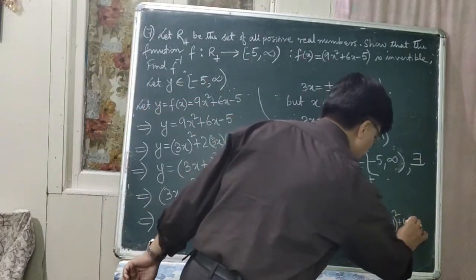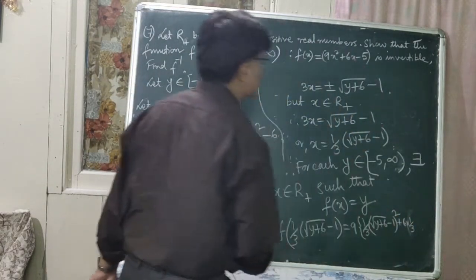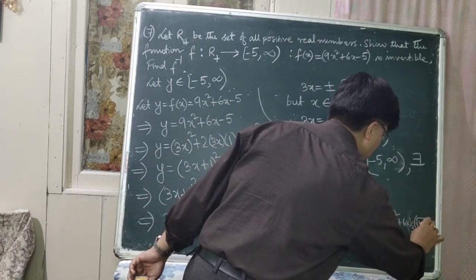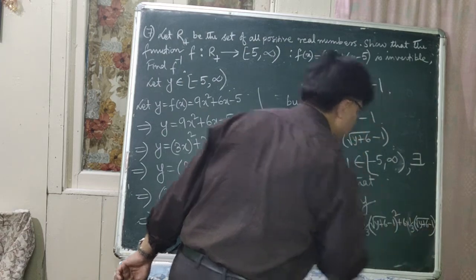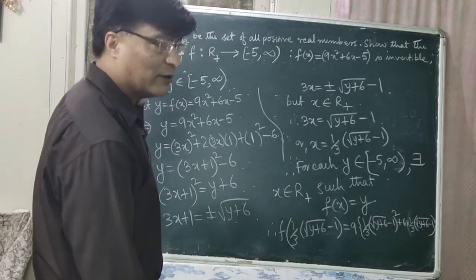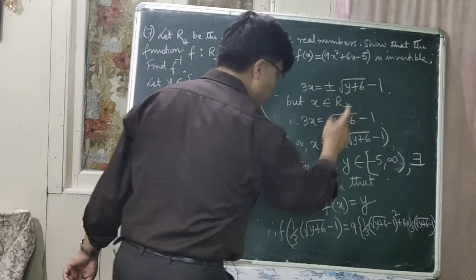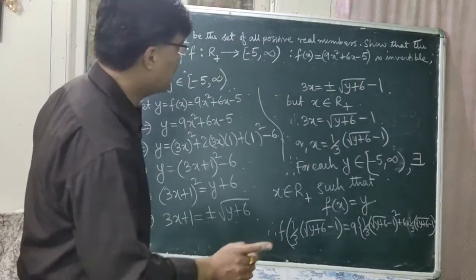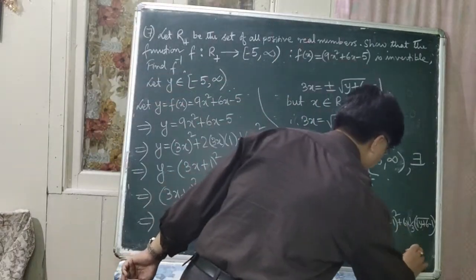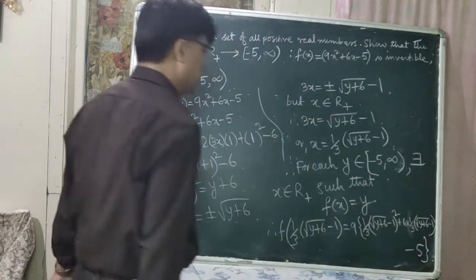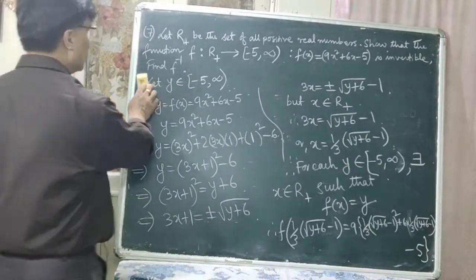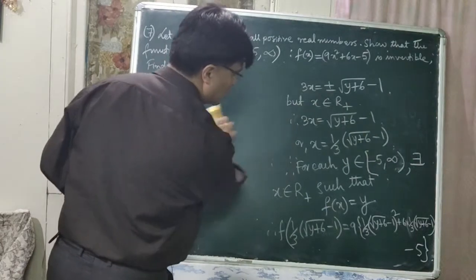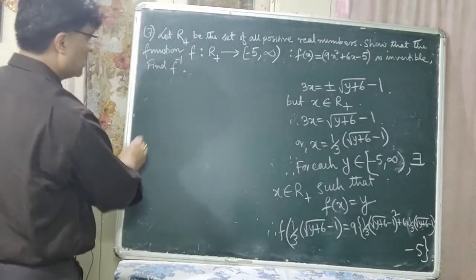It is 1/3, right? And within bracket we have root over y plus 6 minus 1, right? We are putting the value for x. Wherever there is x, we are putting 1/3 within bracket root over y plus 6 minus 1, right? Then you have to write down minus 5. Second bracket is closed. Okay, let us simplify it now. And you should get y out here, right?